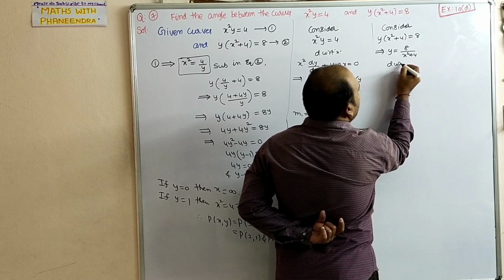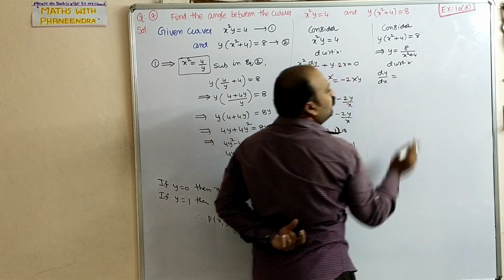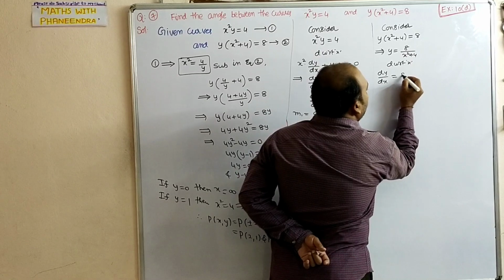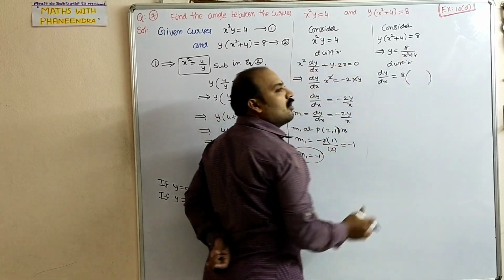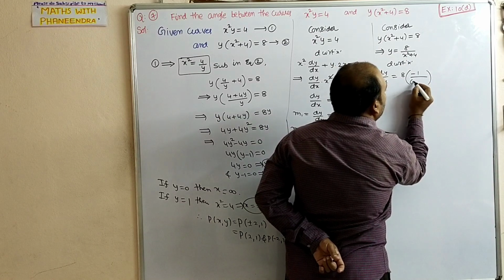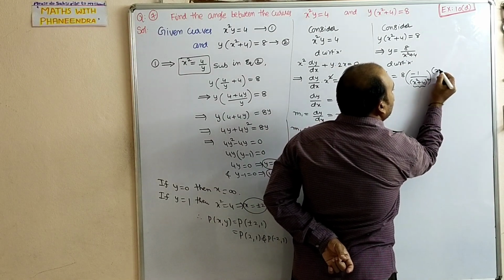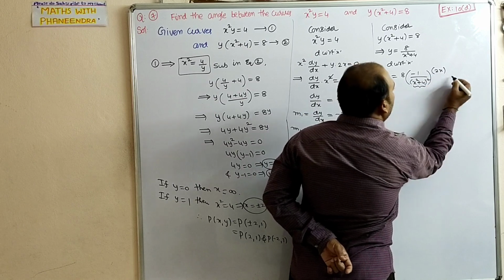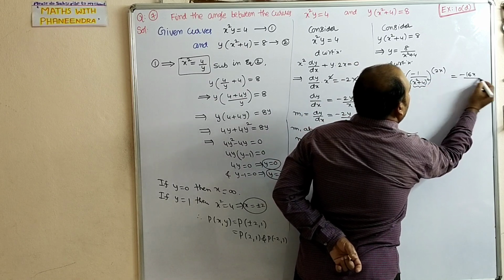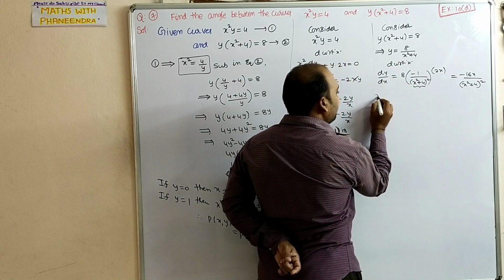Now differentiate with respect to x. Y derivative is dy by dx, 8 constant. It is in the form of 1 by f of x. 1 by f of x derivative is minus 1 by f of x whole square, x square plus 4 whole square. Again x square plus 4 derivative is 2x. So it will become minus 16x divided by x square plus 4 whole square. This is the second curve slope.